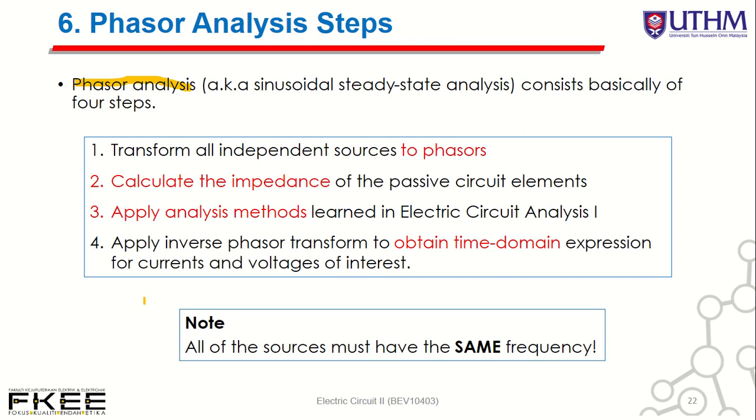Number 4, apply inverse phasor transform to time domain. If the question asks for the time domain expression for currents and voltages of interest, you need to transform back from phasor to time domain.